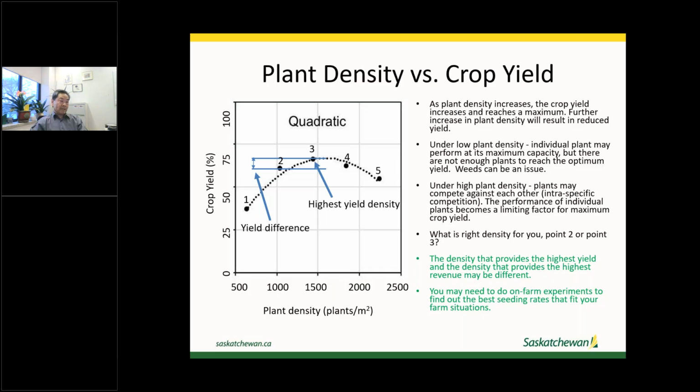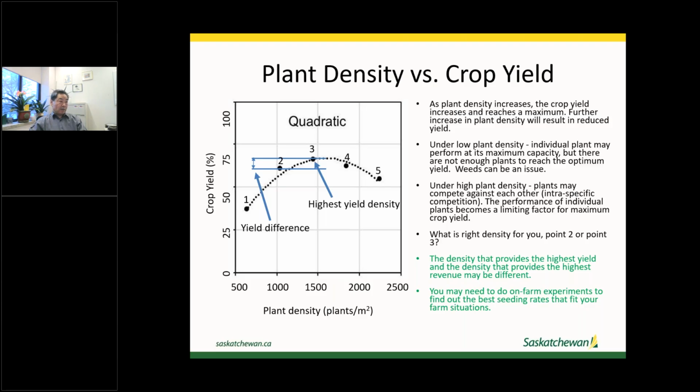So what is the reason when the plant density is too low? In that scenario, each individual plant may perform at its maximum capacity, but there are not enough plants to reach the optimum yield. Therefore, the total number of plants becomes the limiting factor for crop yield.